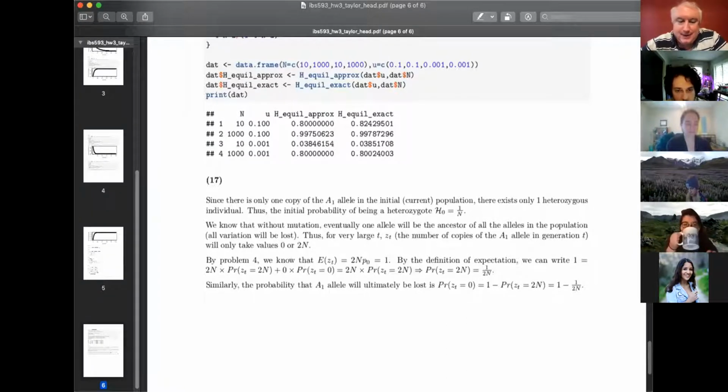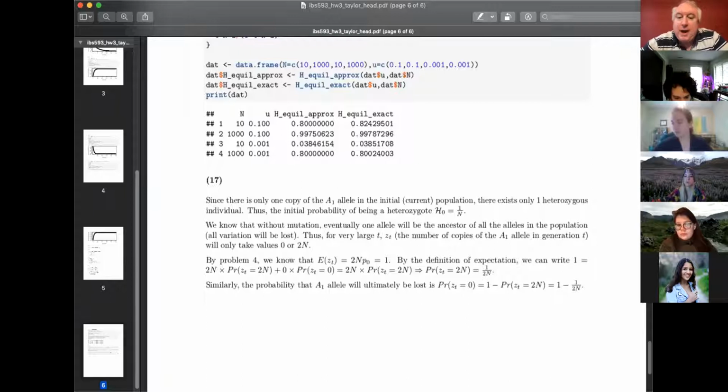So it is a deep and powerful result. There is a reason most of us know the name Motoo Kimura.